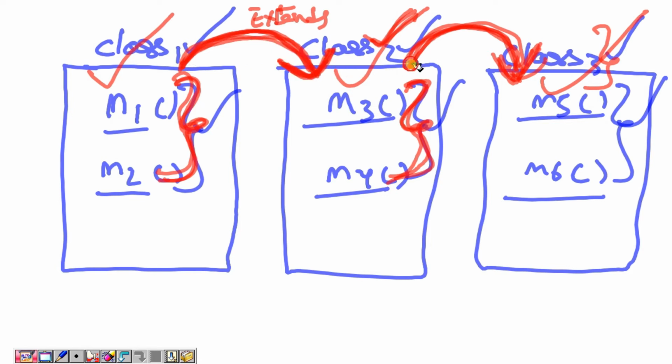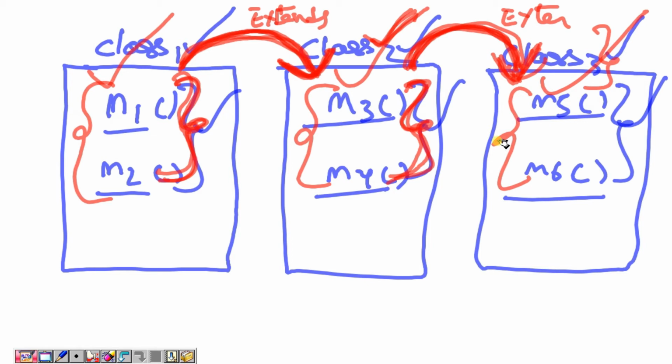So if you extend to class 2, automatically class 1 is also extended to class 3. Using the class 3 reference, you can access class 1, class 2 and class 3 information.